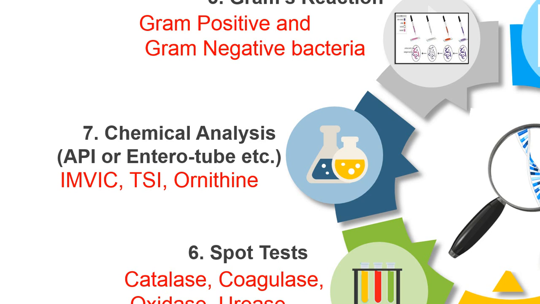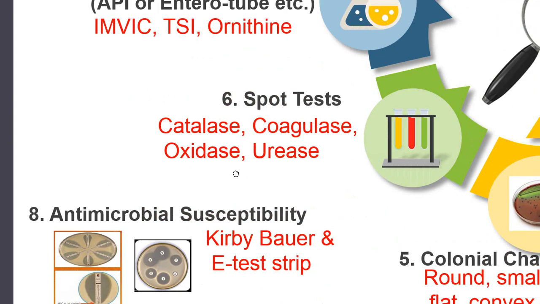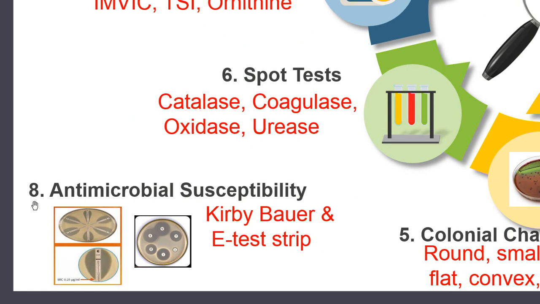If you are doing them manually in the lab, we can use API strips or enteric tubes, or nowadays in large scale laboratories we can use a variety of automatic instruments, for example Vitek. These chemical analyses help us find out which bacteria is able to utilize which type of chemicals, and again it is a great source of information to reach the conclusion.